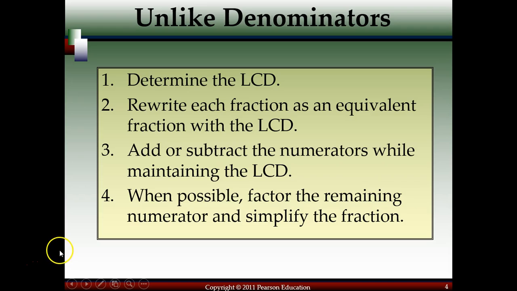We don't add or subtract anything in the denominator when combining the numerators. And then last step, like we did in the previous example, when possible, factor the numerator and sometimes even the denominator and simplify the fraction.